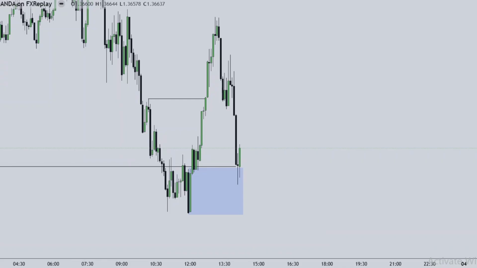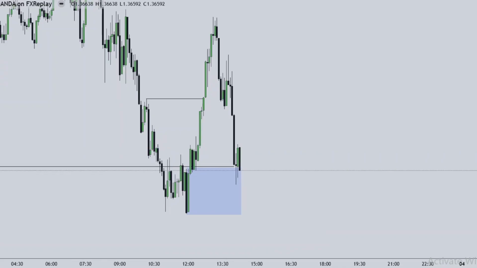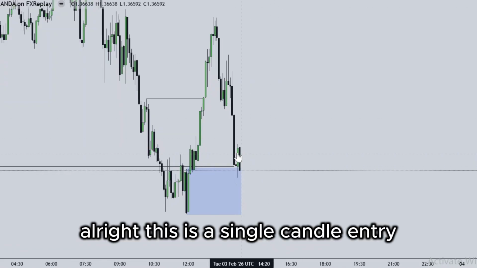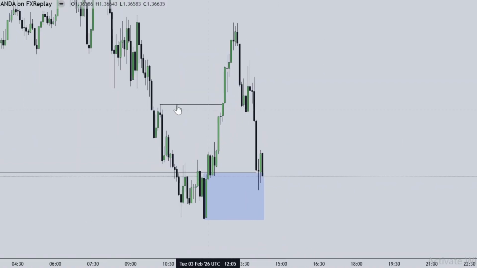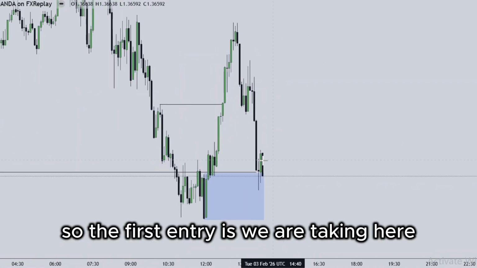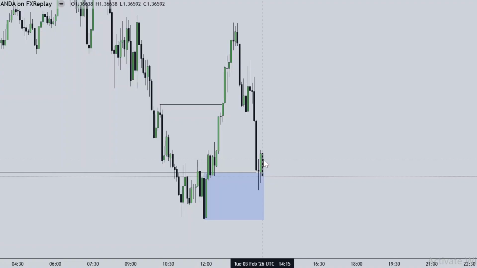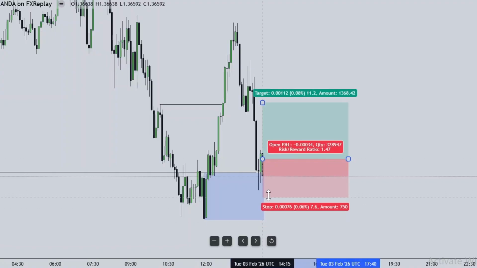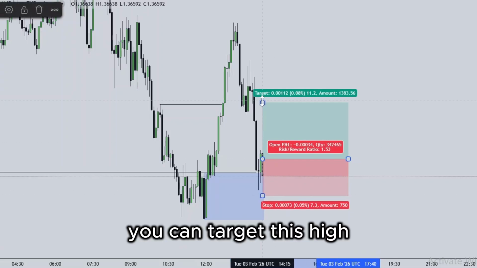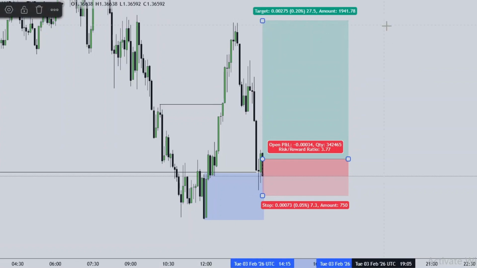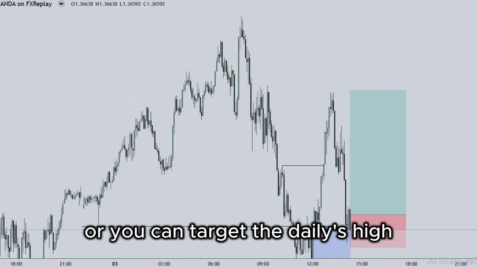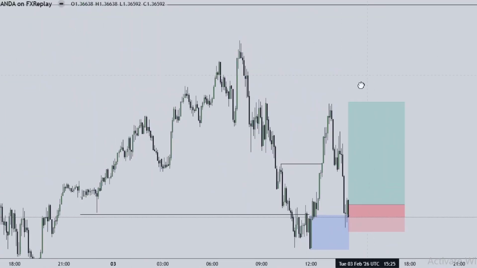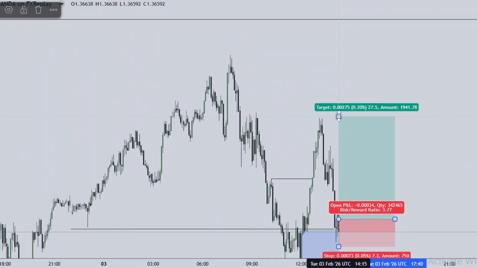Okay. All right, this is a single candle entry. So the first entry we are taking here. Stop loss just below here. You can target this high, or you can target the daily high.